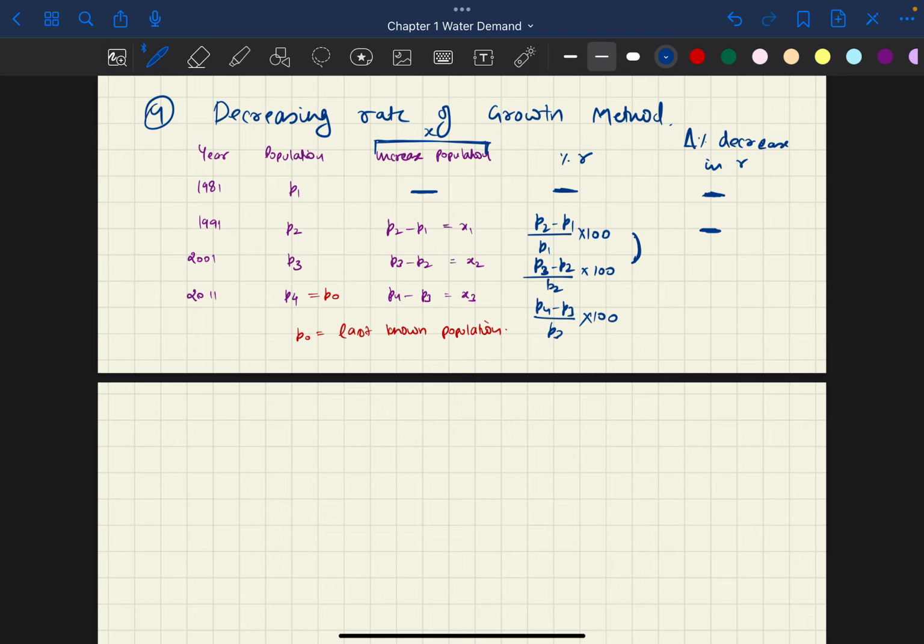So difference will be between these two. So this value is going to be r2 minus r1. This value is going to be r3 minus r2. So this, say delta r1, delta r2. So we have to calculate this average, which is going to be equal to delta r1 plus delta r2 divided by 2. Okay, like this we have to calculate.